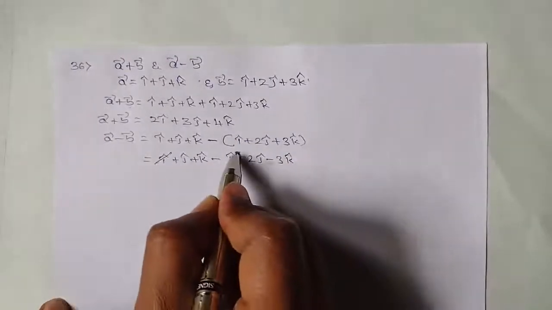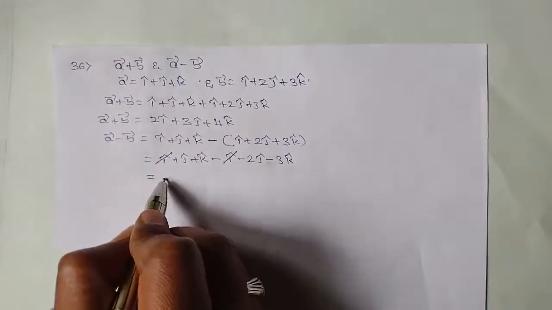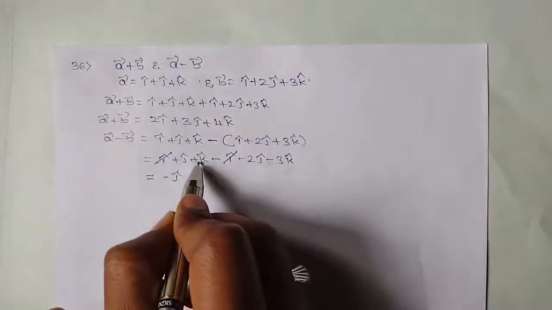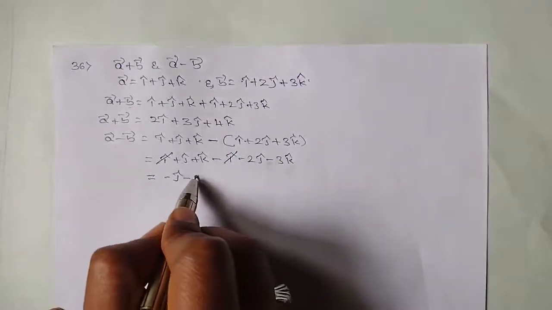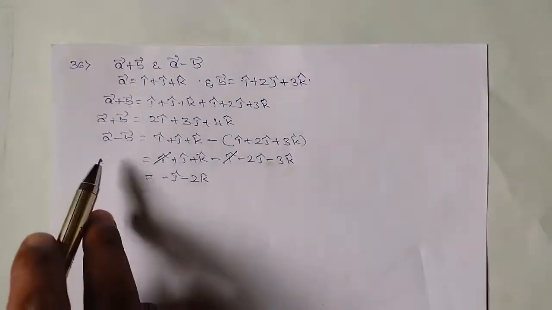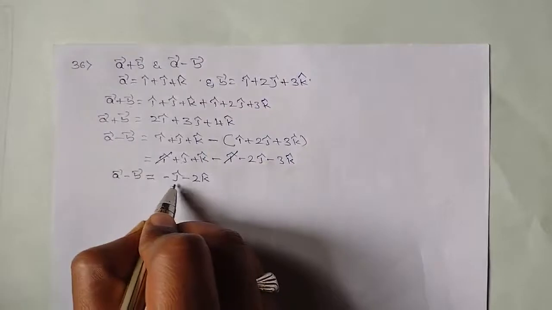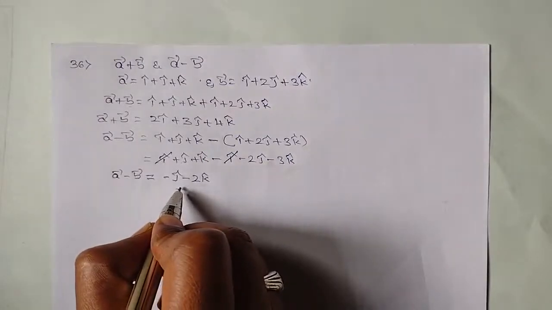Here i cap minus i cap gets cancelled, j cap minus 2j cap means minus j, and k minus 3k means minus 2k cap. Clear? So therefore a minus b vector is equal to minus j cap minus 2k cap.